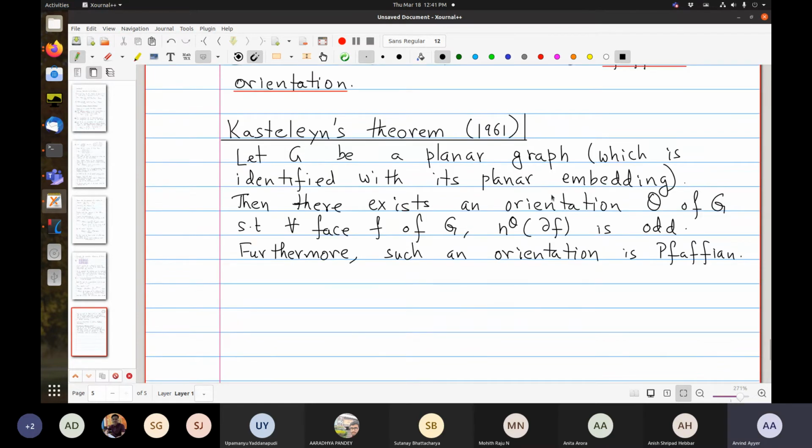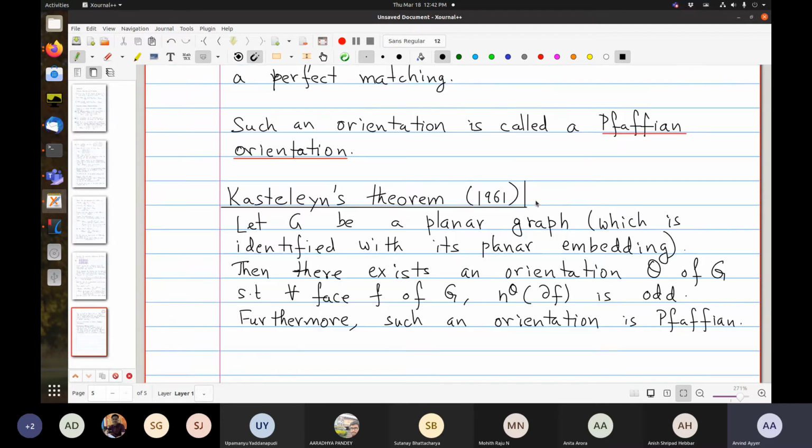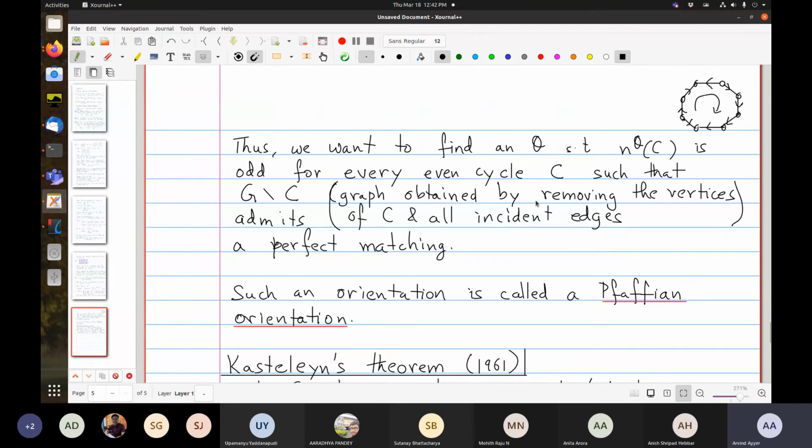So Castellane's theorem explicitly proves that planar graphs have Pfaffian orientations. So in other words, the dimer model on planar graphs can be computed using the Pfaffian, which is an enormous advantage.